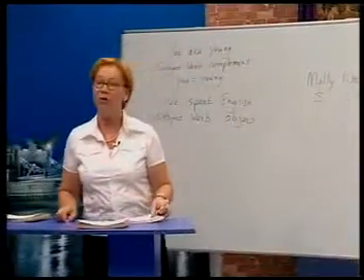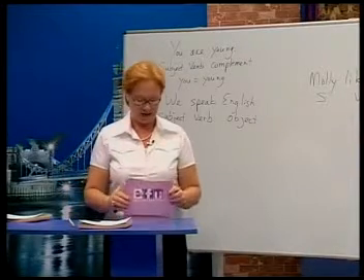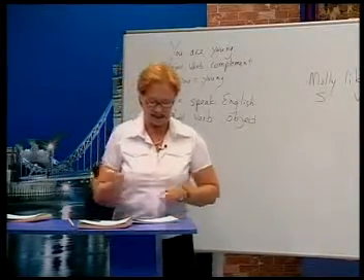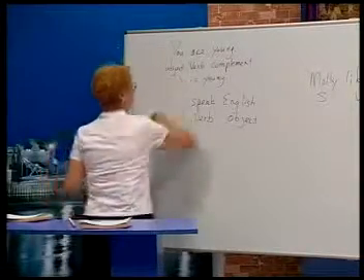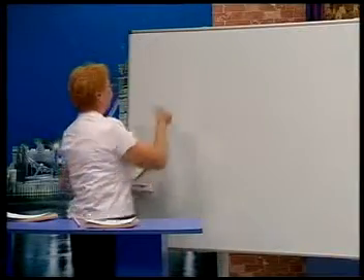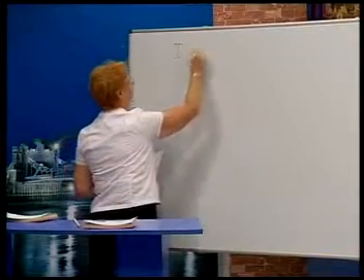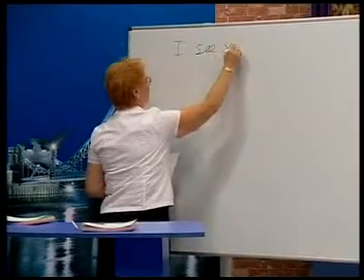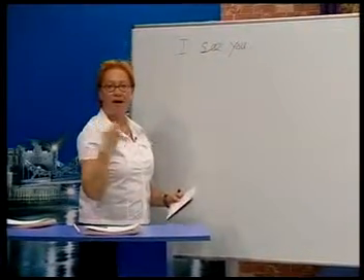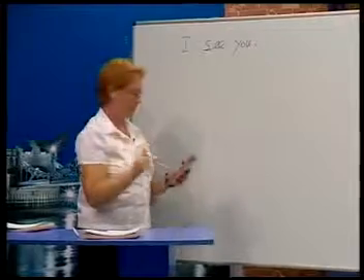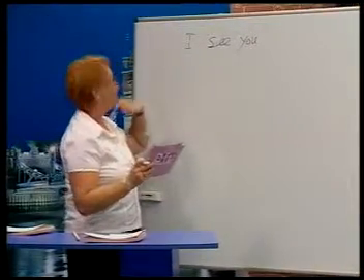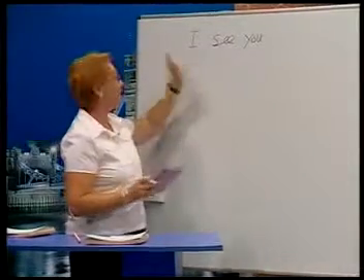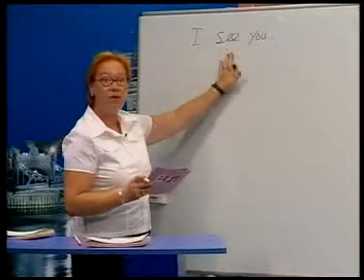Now let's look at some more sentences. And notice that in English, let me show you the sentences first. Okay, first sentence. I see you. Notice that in English, there's always a subject and a verb.